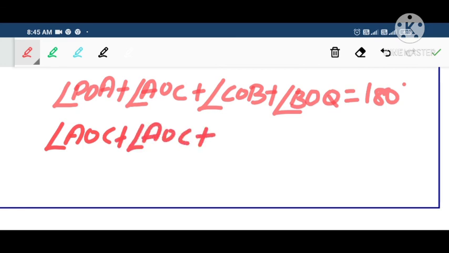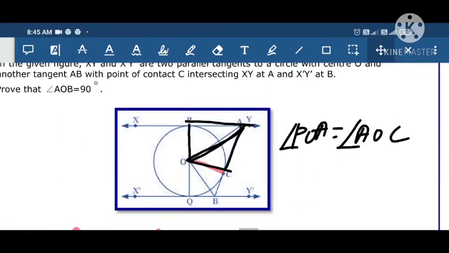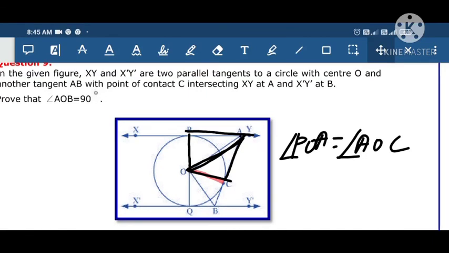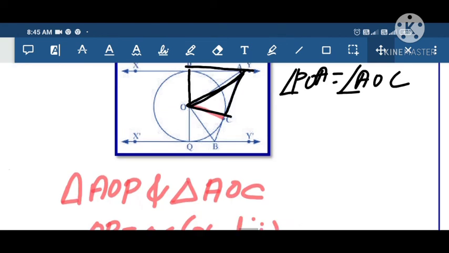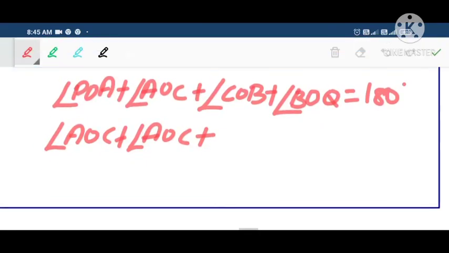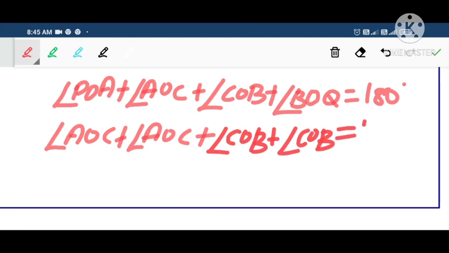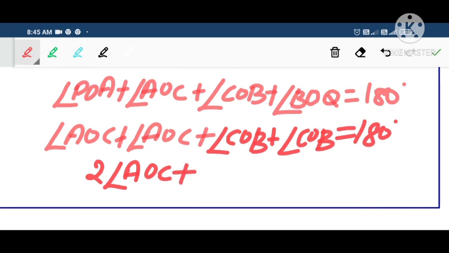In the same way, COB and BOQ are equal, since these triangles are also congruent. So both angles are COB, and angle COB plus angle COB. Now you can see the concept: 2 angle AOC plus 2 angle COB is equal to 180 degrees.